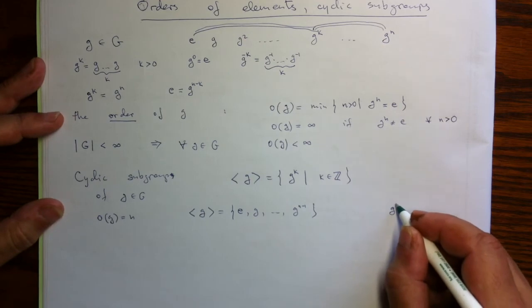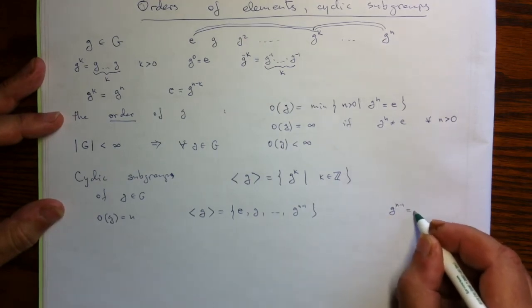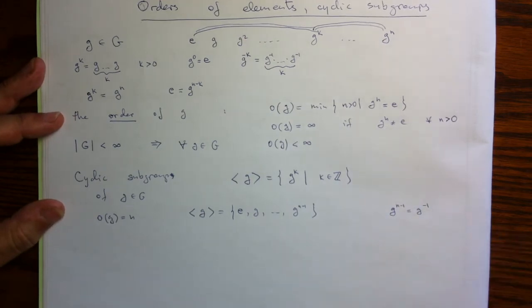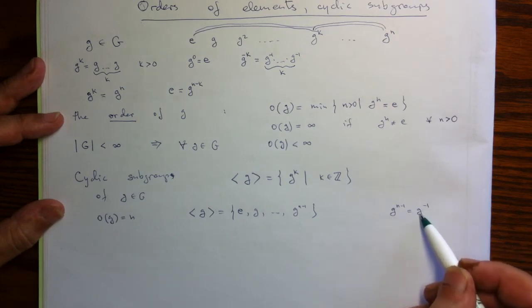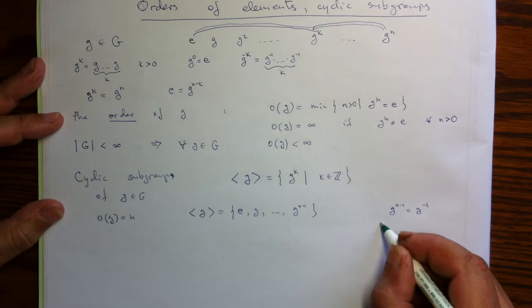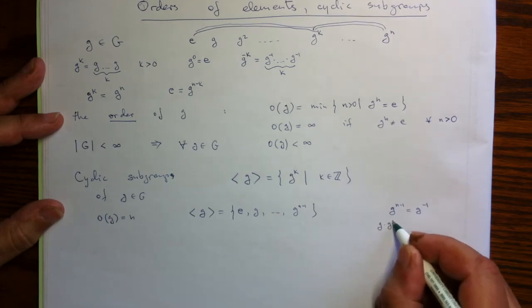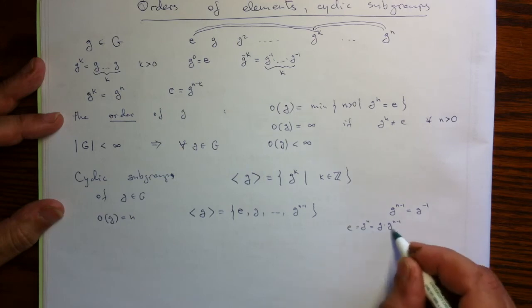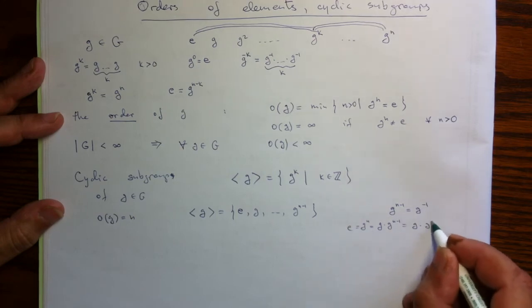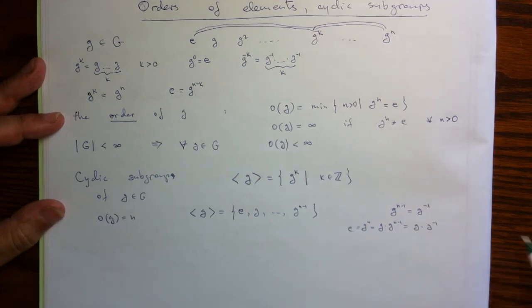So g to the n minus 1 is the inverse of g, because if we multiply both sides by g, we will get the identity, as it should happen when we multiply by the inverse.